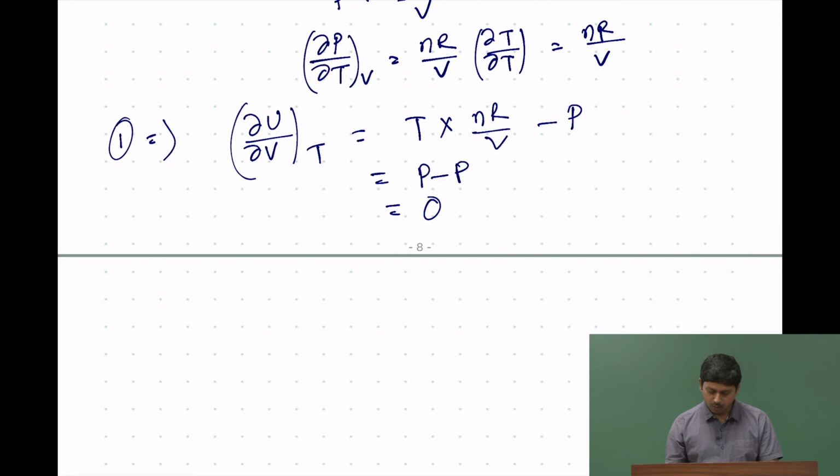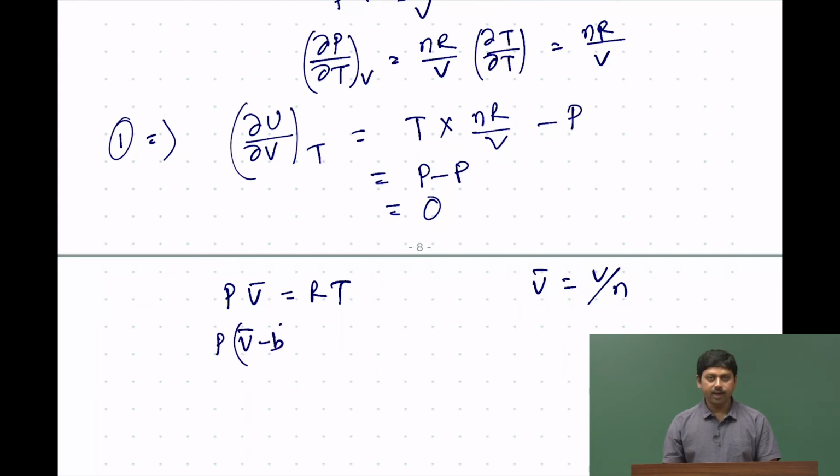A real gas is very difficult to do anyway. So, van der Waals gas is something that is intermediate between real gas and ideal gas, because van der Waals has that small volume V. So, you know that for an ideal gas P v equals R T, where v bar means V by N. So, for a real gas we use some B factor for the size, and we write it as this.